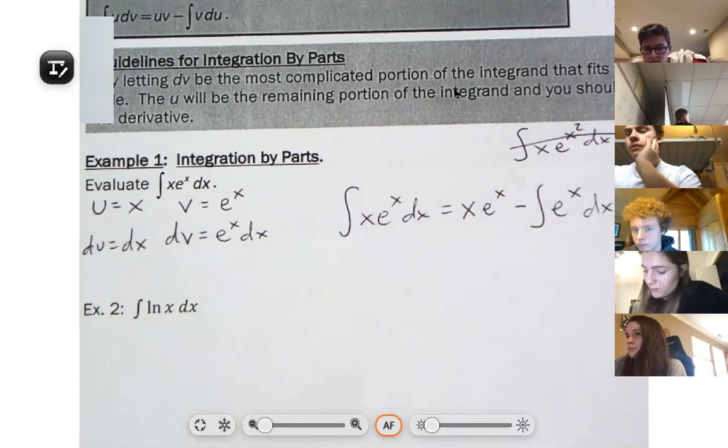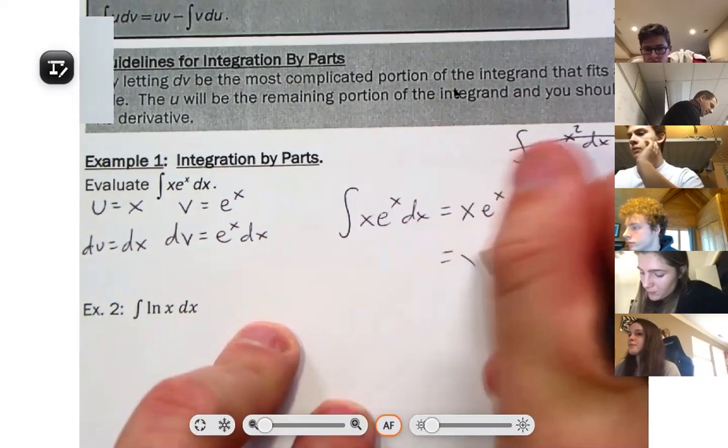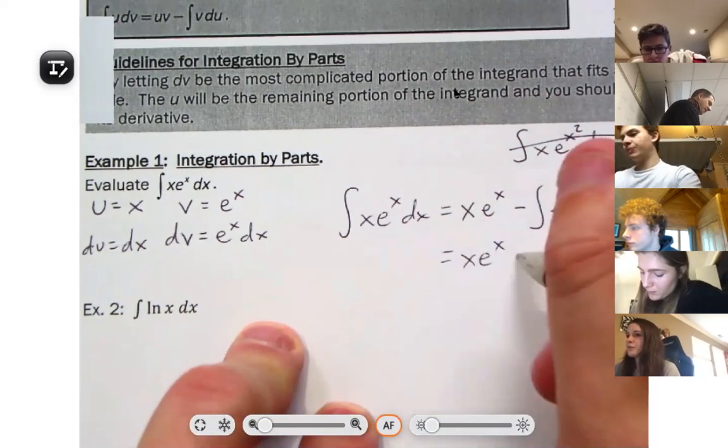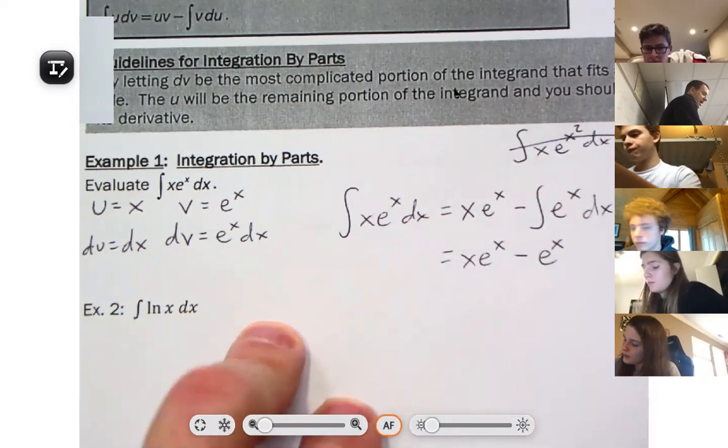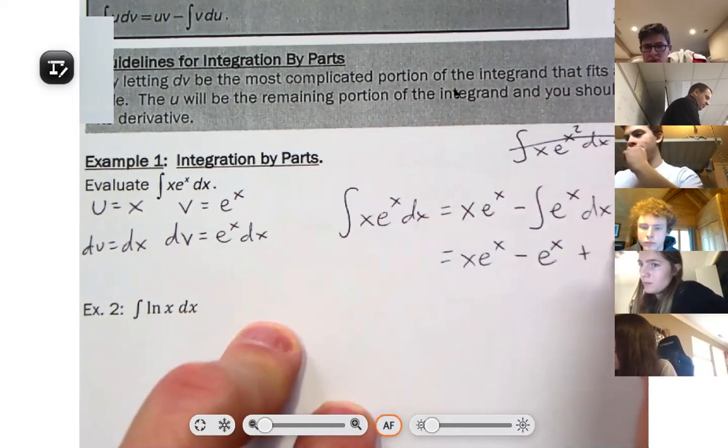And then there's just one more part. Now we just have to do that integral. So this is going to be x e to the x minus e to the x, and then we can't forget plus c.